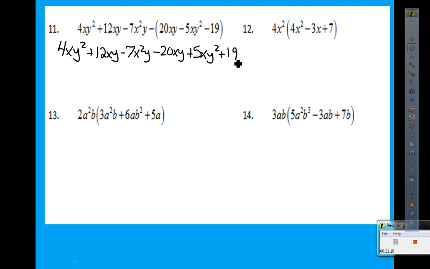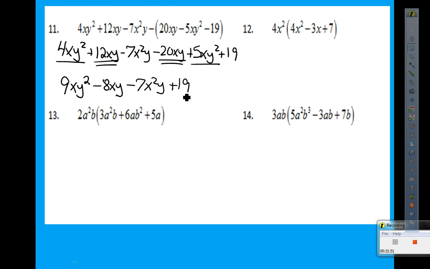Hey, it looks like a mess, but go through and find your like terms. xy squared, got to be exactly the same. So I got 9xy squared. Here's a xy, here's a xy, so minus 8xy. I don't see another x squared y, so it's a loner, as is that 19. So there you got it.